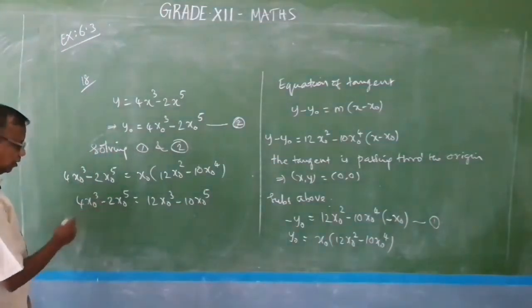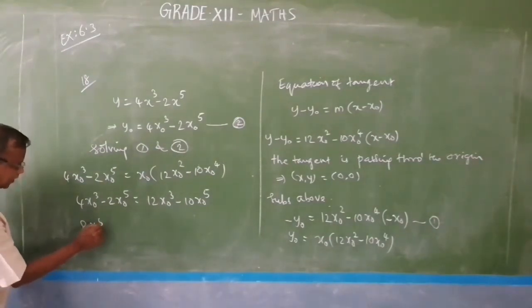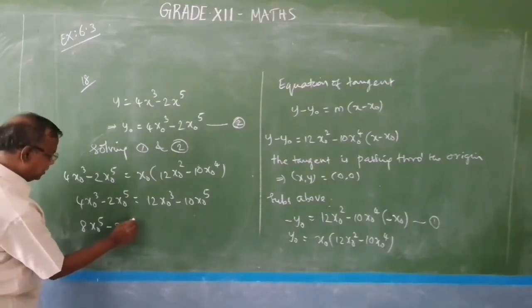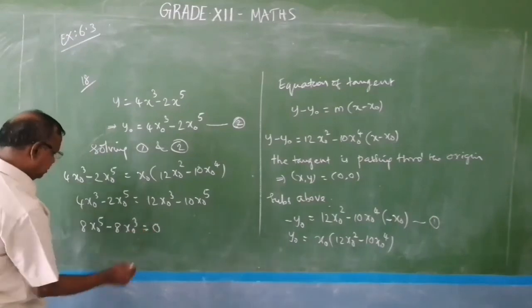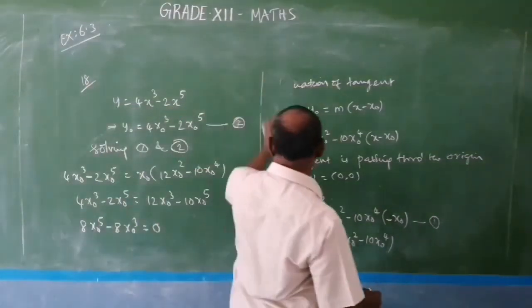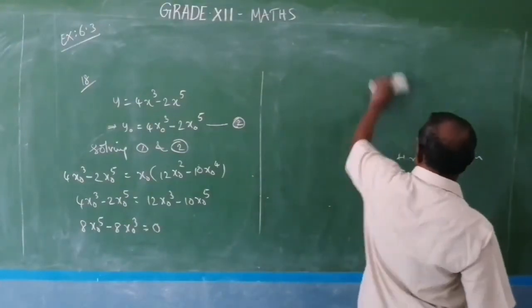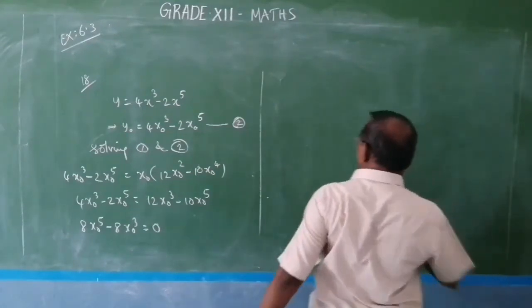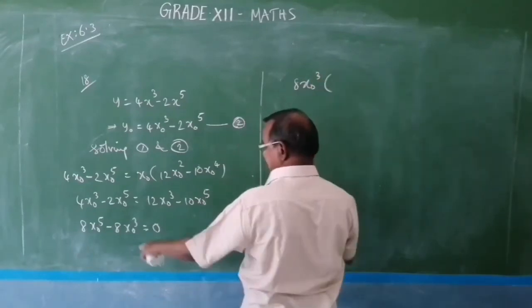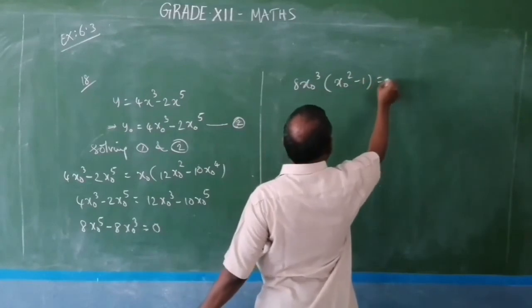So bringing all to one side, this is 8 x naught power 5 minus 8 x naught power 3 equal to 0. Now taking out 8 x naught power 3, we have 8 x naught power 3 into x naught power 2 minus 1 equal to 0.